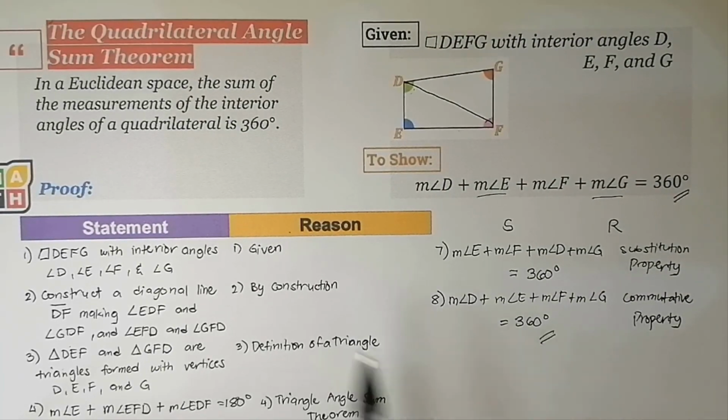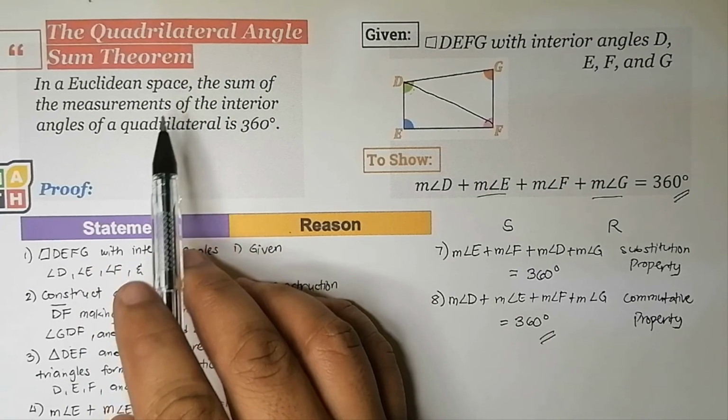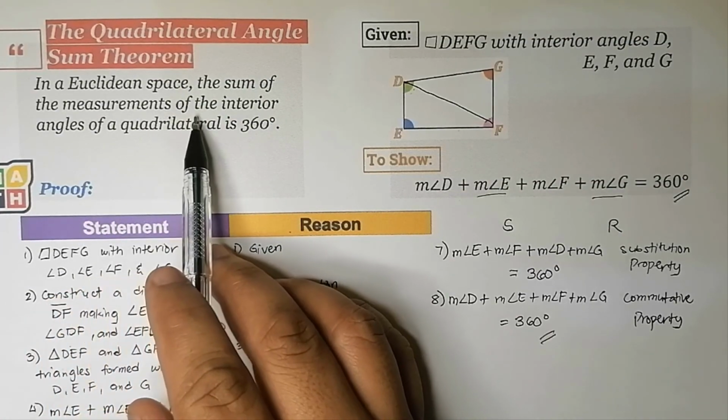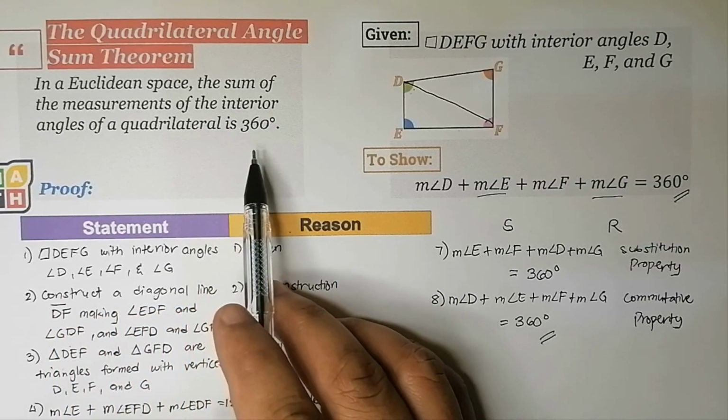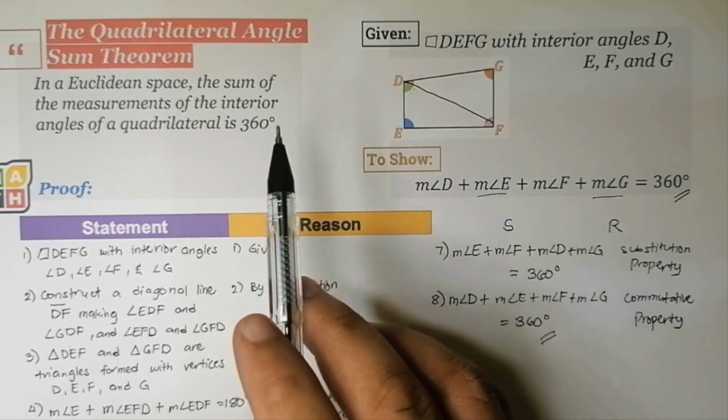This is the proof for the quadrilateral angle sum theorem, which states that in a Euclidean space, the sum of the measurements of the interior angles of a quadrilateral is 360 degrees.